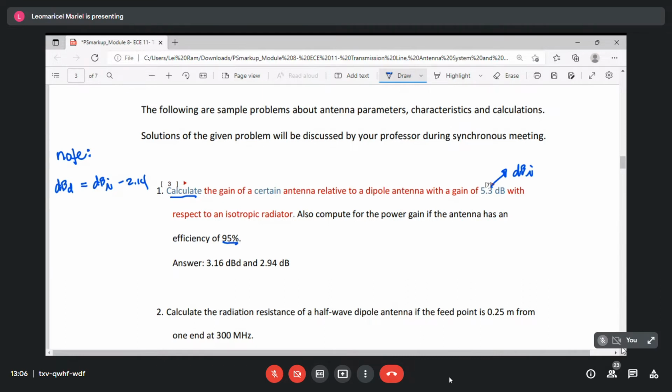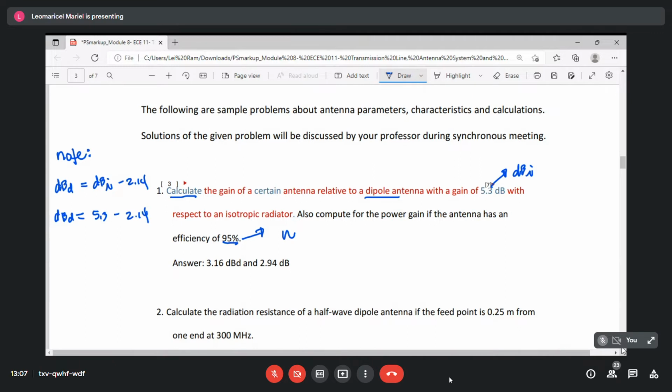Kasi sabi dyan, calculate the gain of a certain antenna relative to dipole, so that is the unknown dBd, with respect to a gain of 5.3 dB with respect to isotropic, and there is an efficiency of 95%. So out of this formula, we can get the value of the antenna dBd, that is equal to 5.3 minus 2.14.